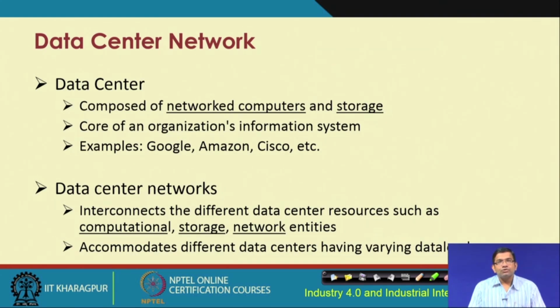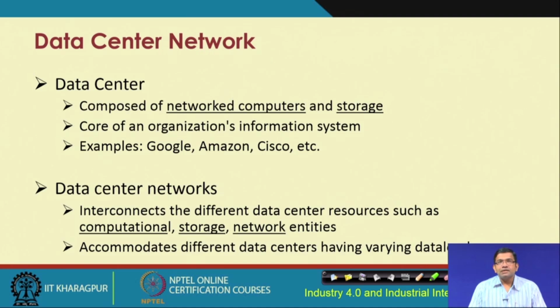In this particular lecture, we are not talking about a single data center, we are talking about a network of data centers, because that is more relevant and more used in the IIoT contexts. In a data center network, we have all these different data center resources involving computational, storage and network entities which interconnect with one another.